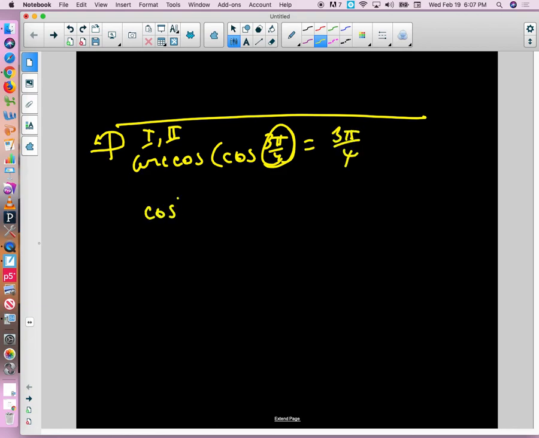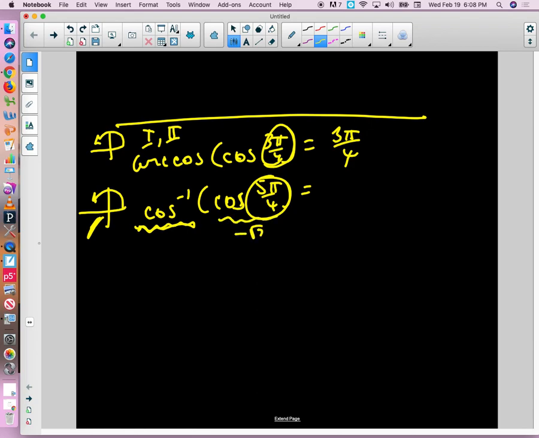As opposed to if I have inverse cosine of the cosine of 5 pi over 4, the answer to this final question can only come from the first and second quadrant, whereas this angle is in this quadrant, so let's work it from the inside out. The cosine of 5 pi over 4 is negative root 2 over 2. And when I take inverse cosine of negative root 2 over 2, I go looking for an angle, and I find it right here at 3 pi over 4.